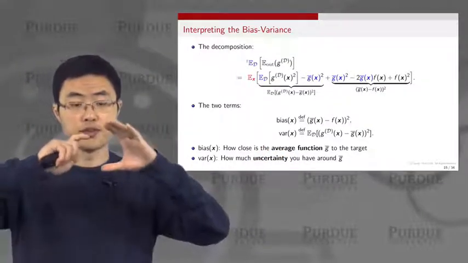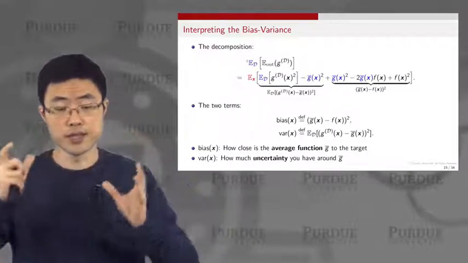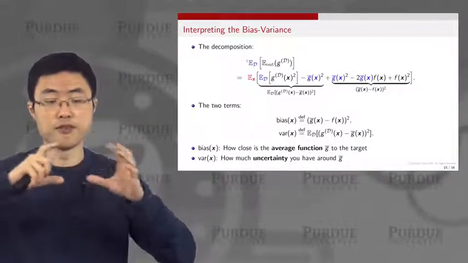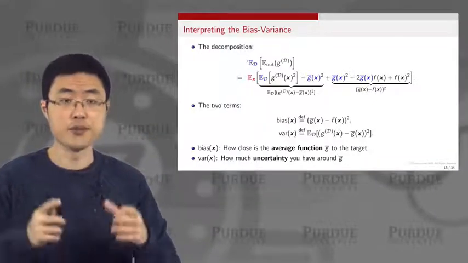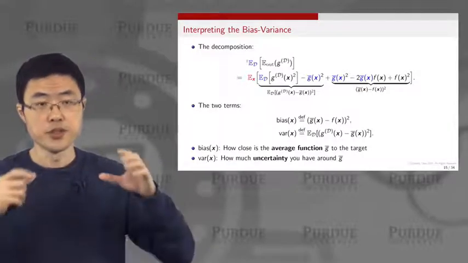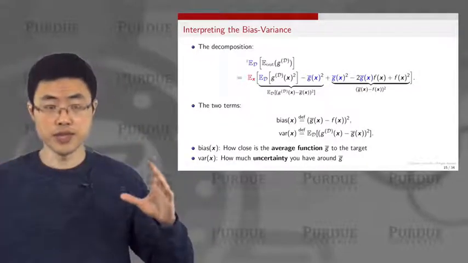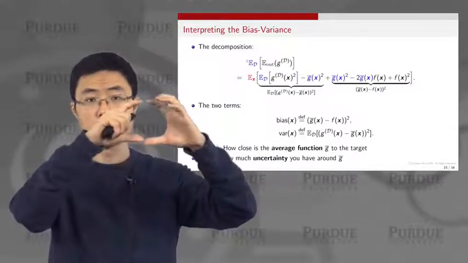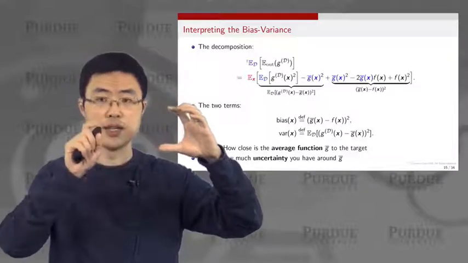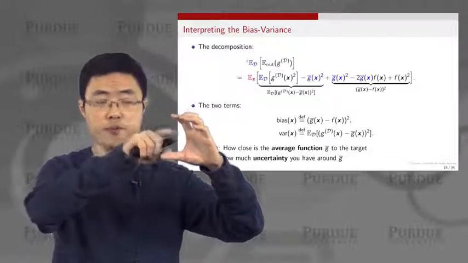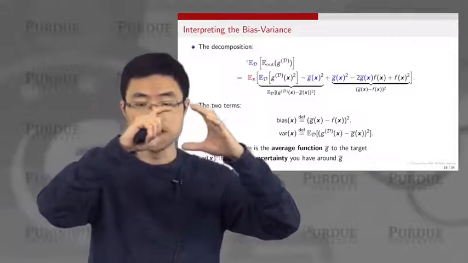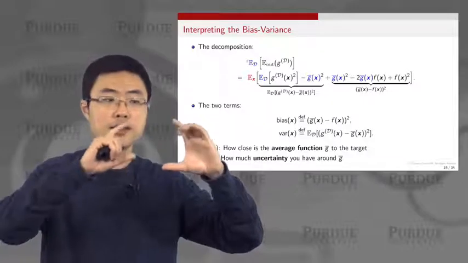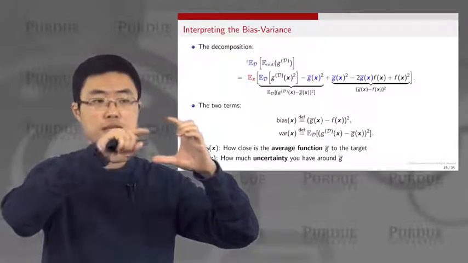So how do we understand these two? First of all, you can imagine that a collection of training sets will give you a collection of different final hypotheses. That would be the different g of D's. So if I use this training set, I will have one particular g of D inside the circle, so one point here, and then I use another training set, I will have another point. That will create a collection of all the possible hypotheses. And then among all these hypotheses, I can calculate the center.